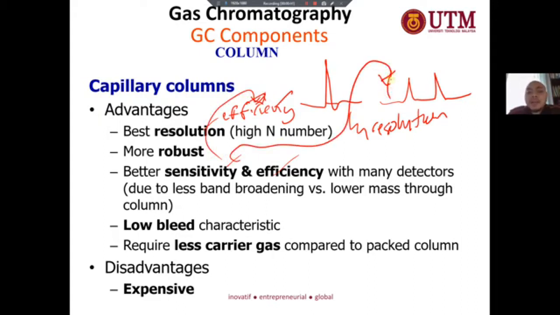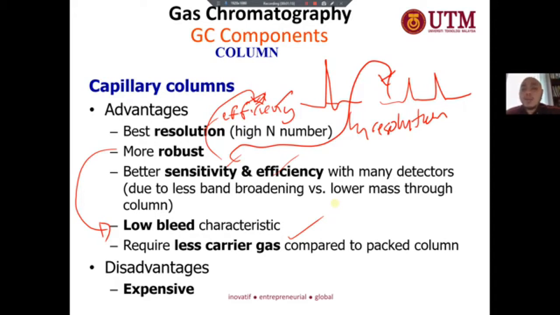Low bleed characteristic, because it's more robust, requires less carrier gas, so it can save your money, but the disadvantage is it's quite expensive. In terms of robustness, of course, the capillary column is much more robust, so we don't have the problem with column bleed.